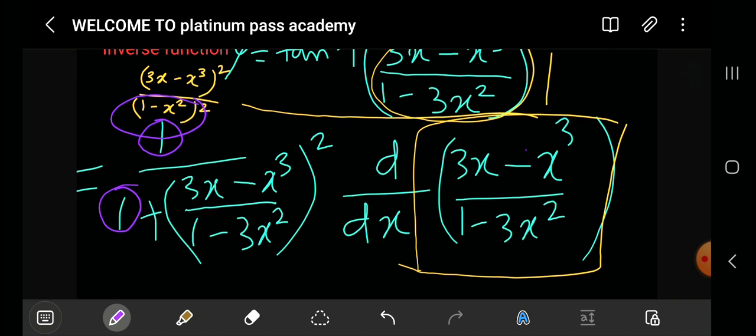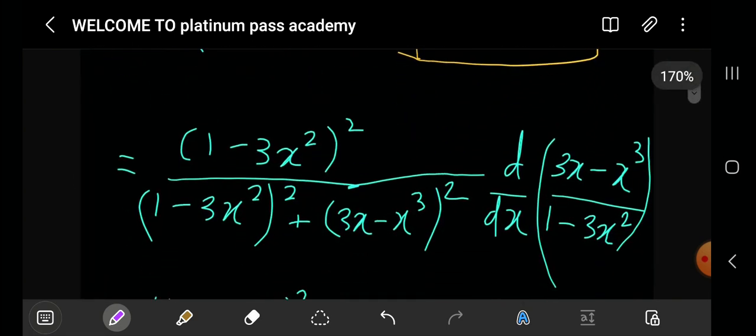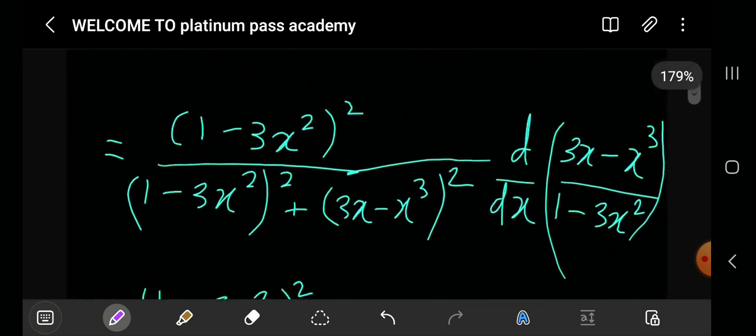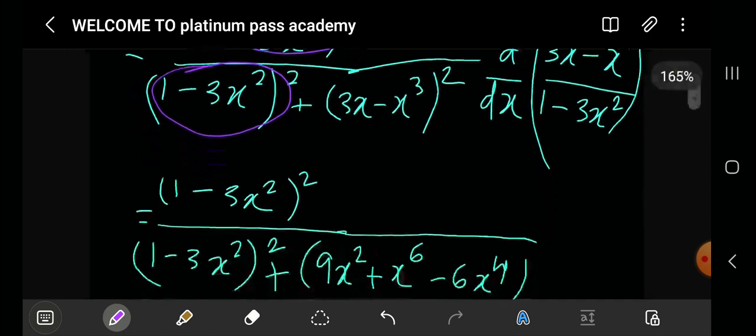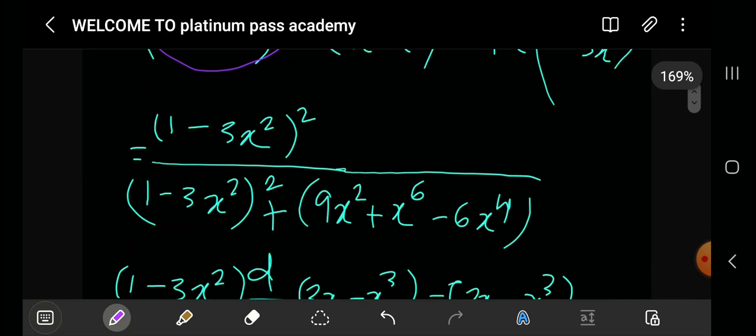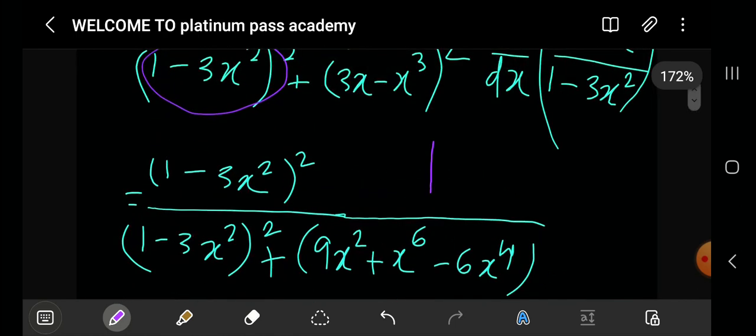Let's go next. Then I have multiplied with 1, multiplied with 1, and then I have solved this x squared thing.